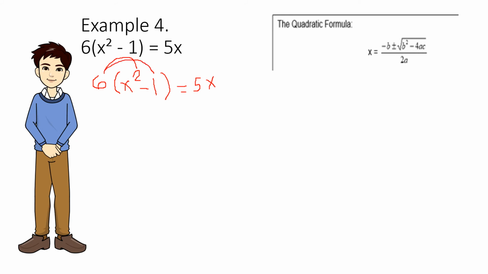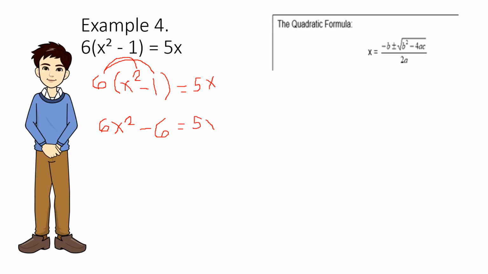So, by distribution, we are going to use multiplication as operation. So, this becomes 6 times x squared, we have 6x squared. Then, 6 times negative 1, that is negative 6, equals 5x.